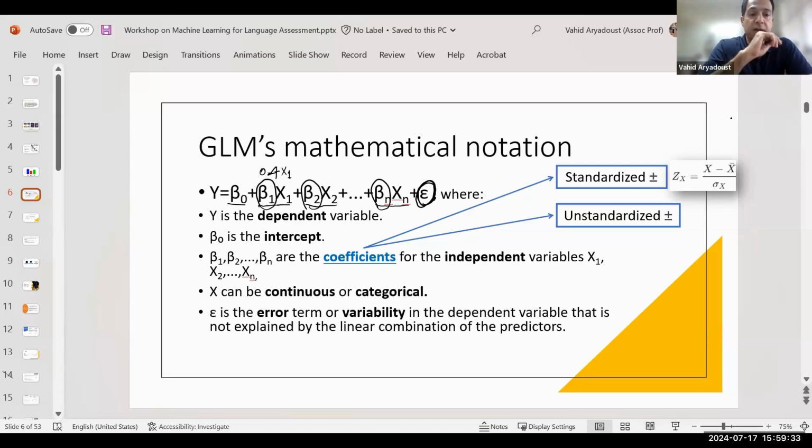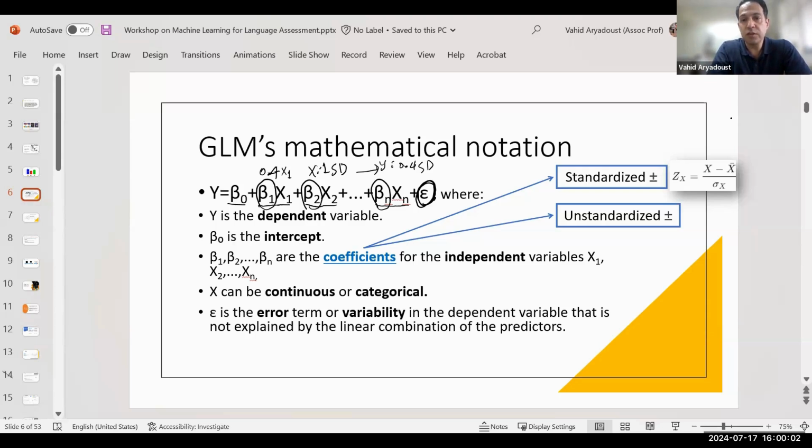You say that if the amount of x1 increases by 1 standard deviation, the amount of y increases by 0.4 standard deviations. So if x increases by 1 standard deviation, y increases by 0.4 standard deviation. It's about standard deviations. That's why we call it standardized.